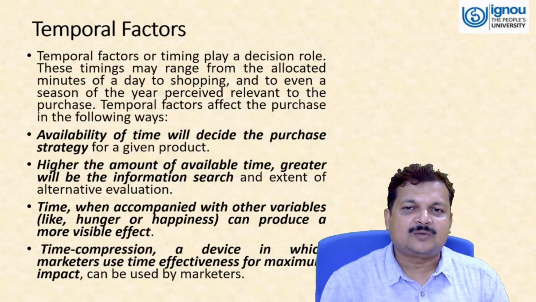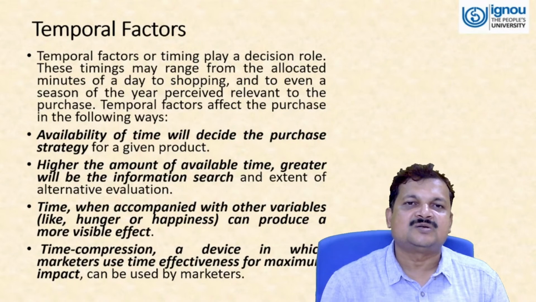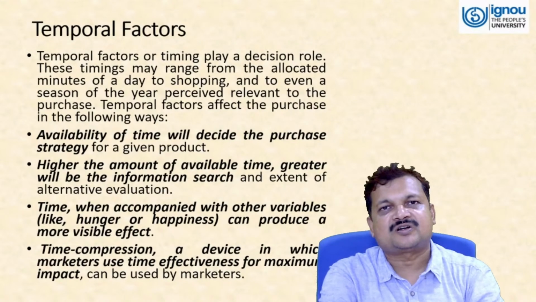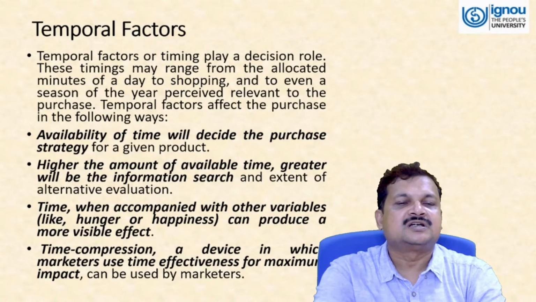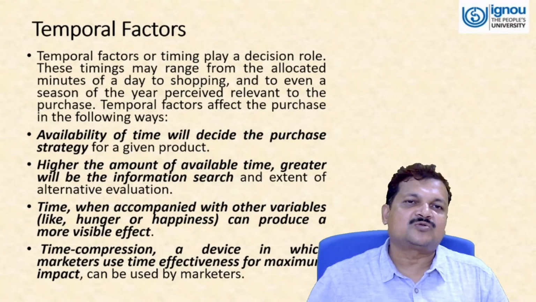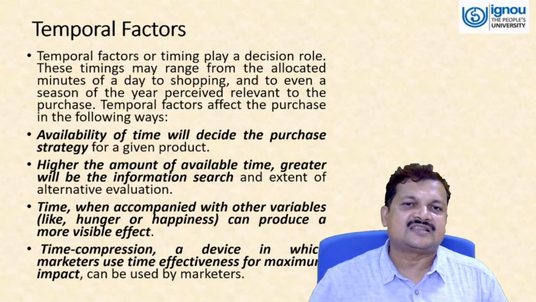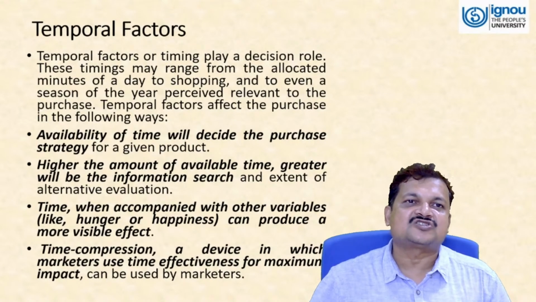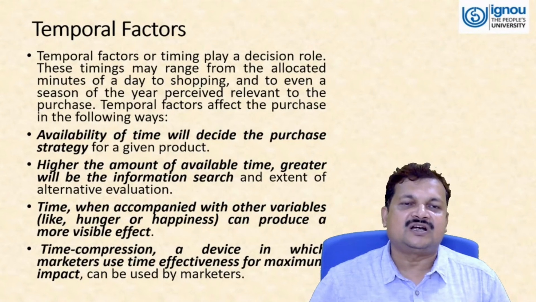The higher the amount of available time, the greater the information search. Information search for an FMCG product versus a durable product will differ, because when we purchase a durable product, we wait many years, gather some money, and then take the decision. So for durable products the time consumption is more, and because of that we also search a lot before deciding. But FMCG is day-to-day, purchased every time.